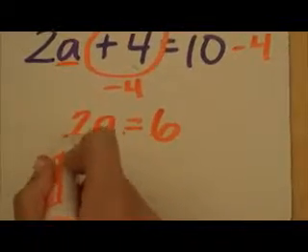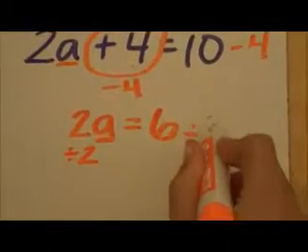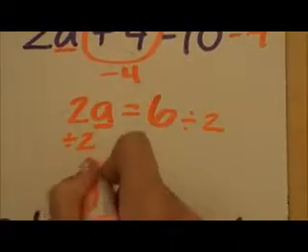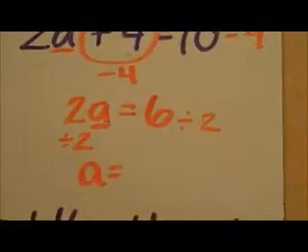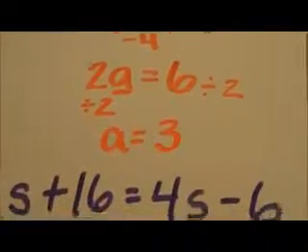So we're going to divide by 2. We're going to do the same thing over here. 2a divided by 2 is 1 little a, and 6 divided by 2 is 3. So a equals 3.